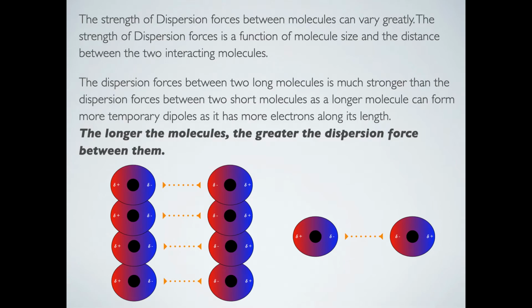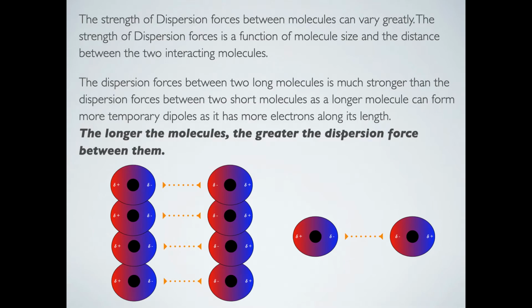So on the left, I've got two long molecules close to each other. Notice that these temporary dipoles, or dispersion forces, all line up. Because it's a longer molecule, there are more of these forces, more little delta positives and negatives along there. There are about 4 of these in my model.